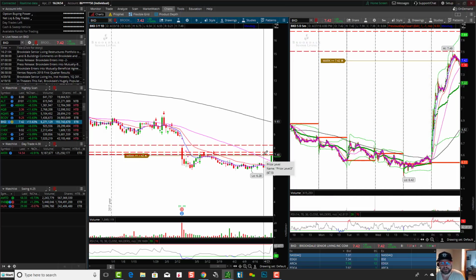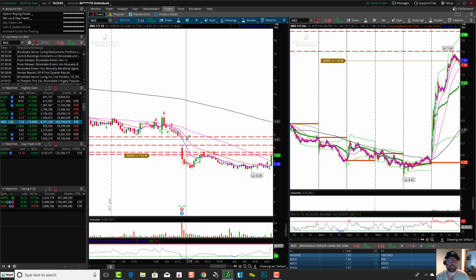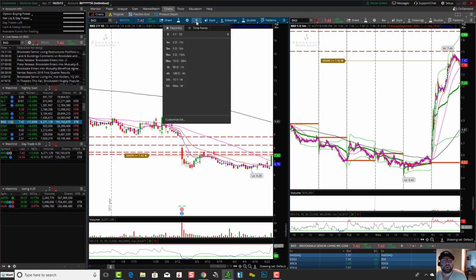So it has to get above 750, then above that 768, then you have that gap around 820. Boom, right there. Between 820 to 881, that gap. So BKD, let's put that one on. BKD. All right.